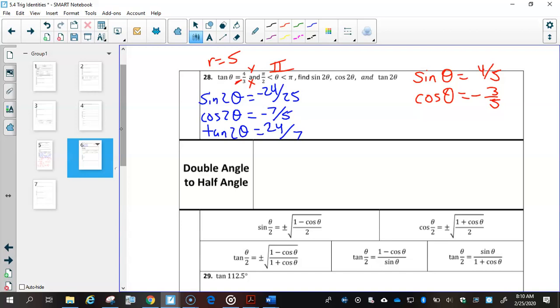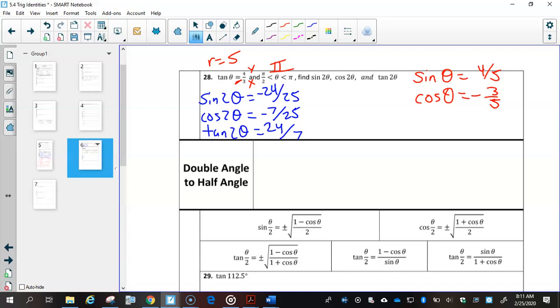I should get 7 over 5, or negative. Why isn't it 24?